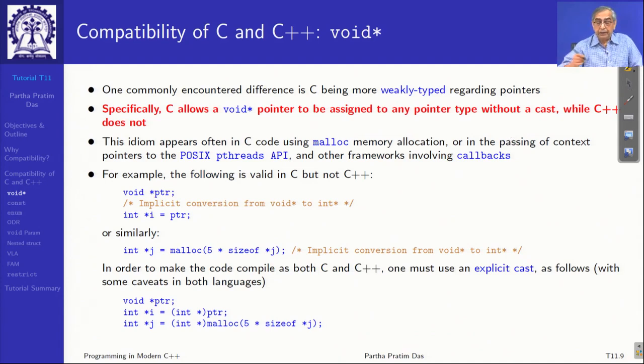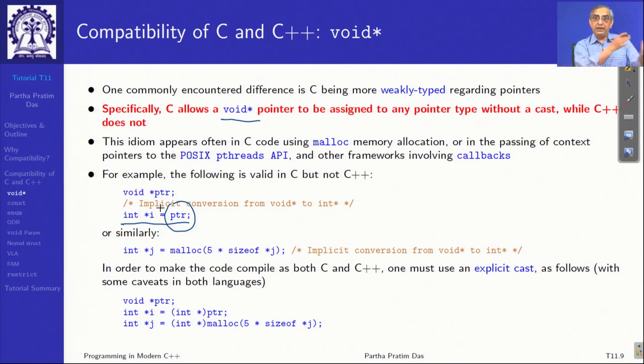So, the basic issue between C and C++ is that C is weakly typed. C has types, but it is not very strong about them. One major thing happens with void star. For example, in C, any void star pointer can be implicitly cast to any other pointer type. This is valid in C. So, you have a void star pointer and you use it to initialize an int star pointer.